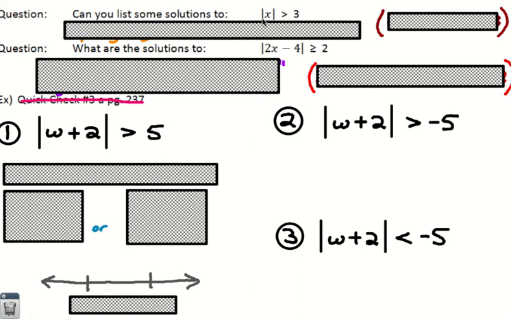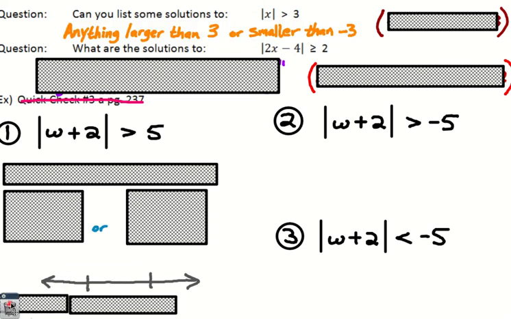But so do numbers like -4, -5, -6, because if you take the absolute value of -4, that's 4 and that's bigger. So now it's not really an in-between type thing. You can be a number that's larger than 3, or you could be less than -3.